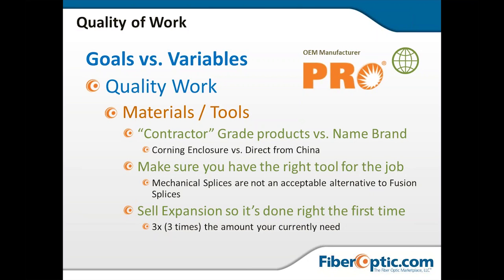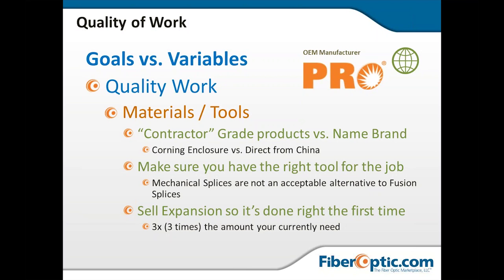A fusion splicer may cost between $4,000 and $12,000, and maybe just isn't in the budget for a contractor who's just getting in the business, and they decide to go with a mechanical splice, which might be $12 a piece. It'll do the job and get a network up. But typically, like I said, when we train, we talk about them being temporary repairs, just until you can get a fusion splice in there.